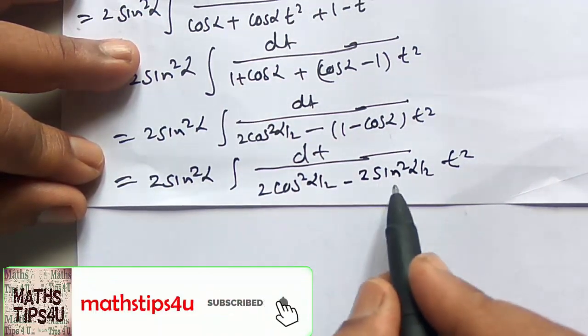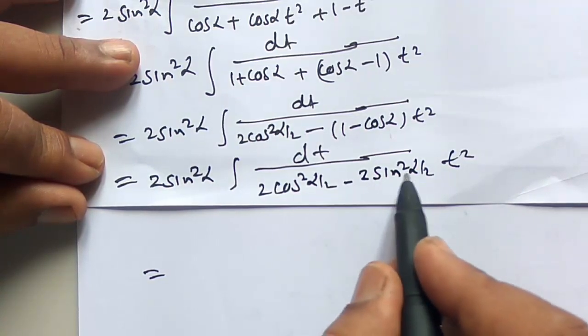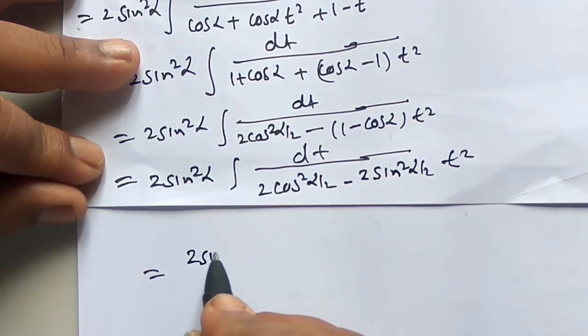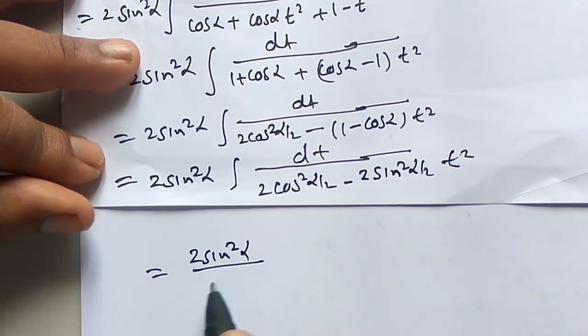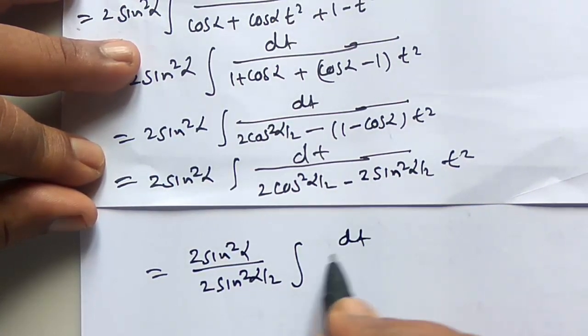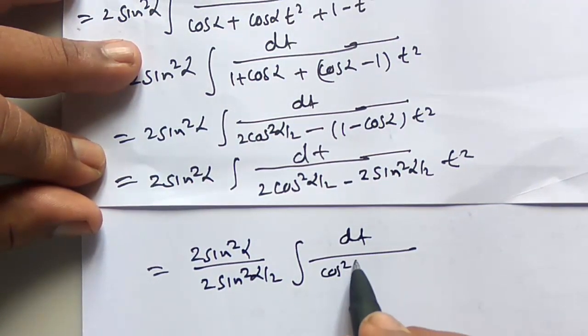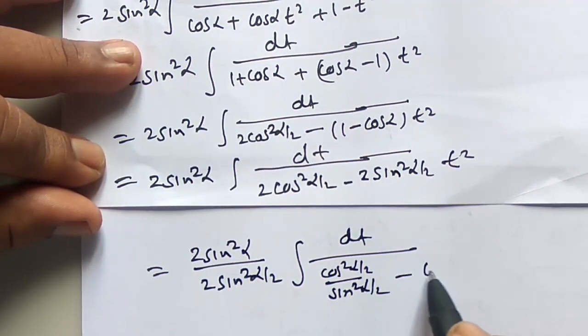So this is equal to, taking sin square alpha by 2 common, 2 sin square alpha upon 2 sin square alpha by 2 dt upon cos square alpha by 2 upon sin square alpha by 2 minus t square.